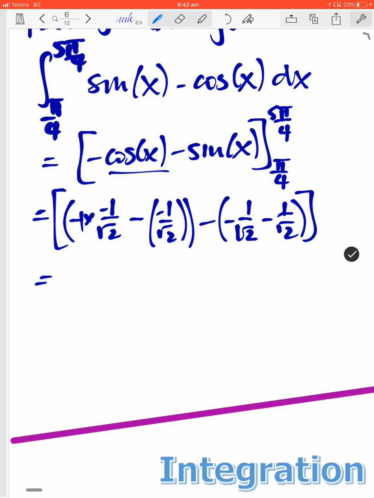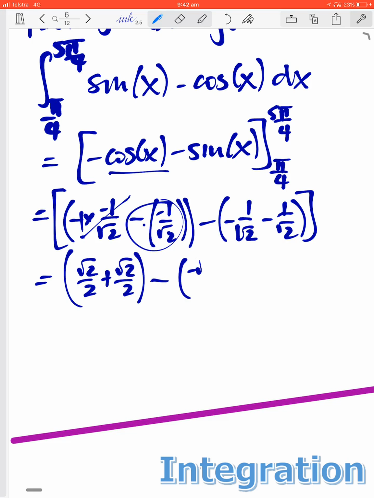Negative 1 times 1 on root 2 is 1 on root 2, but I'm going to make it root 2 on 2. That's going to be plus root 2 on 2 minus root 2 on 2 minus root 2 on 2.